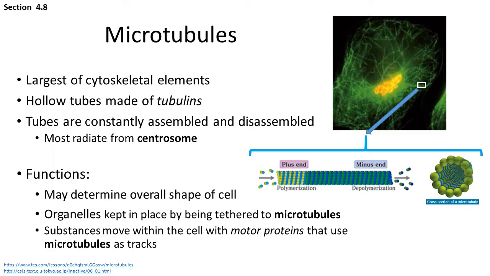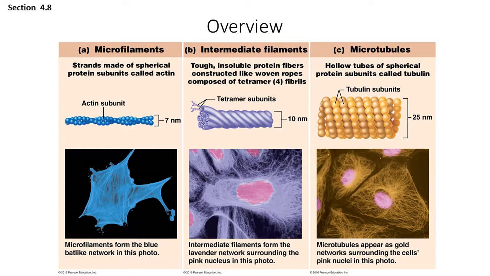So these are hollow tubes made of tubulins that are continually disassembled and reassembled. And motor proteins can use them to move substances within the cell using the microtubules as tracks. There's a brief overview of these three different types of components.